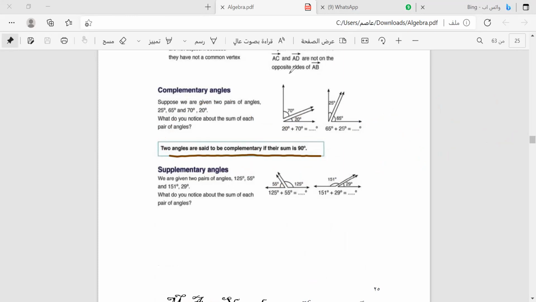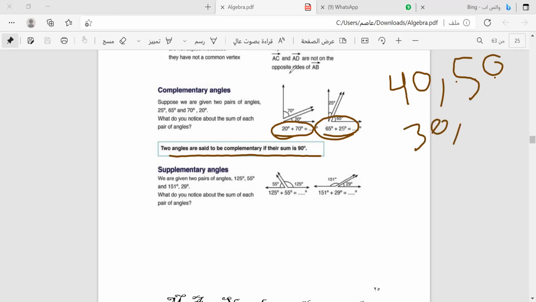Like 20 and 70, 20 plus 70 equals 90. 65 and 25 are complementary angles. 40 and what? 50. 30 and 60. So two angles are said to be complementary if their sum is 90 degrees.